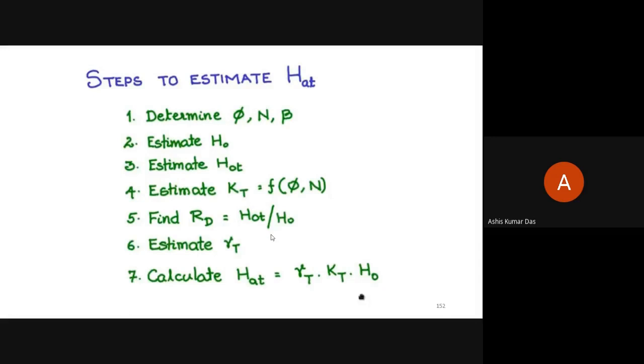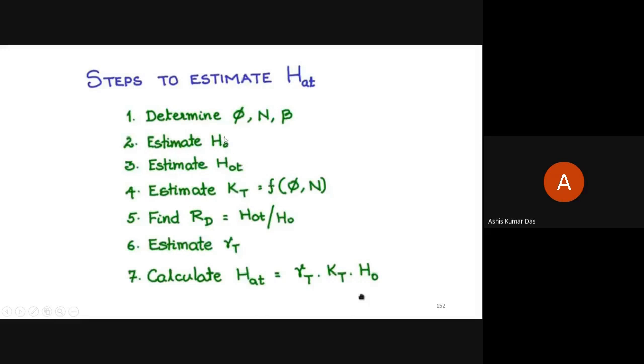And we have seen that for finding out the HAT, basically we need the KT, because all the other parameters we can easily find. The phi, n and beta: phi is the latitude angle, n is the day number, and beta is the tilt angle. And from this information we can easily find the H naught and H naught T.